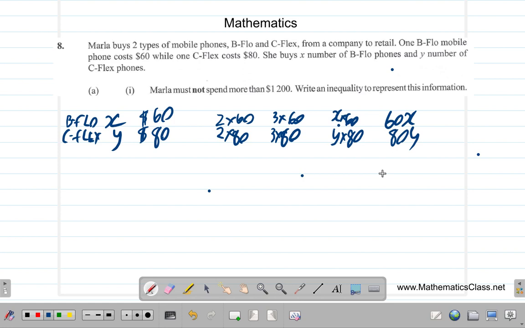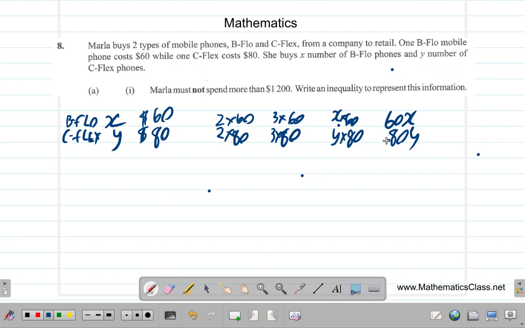Now, she must not spend more than $1,200. What that means is the amount of money she spent on B Flow plus the amount of money she spent on C Flex phones mustn't pass 1,200.